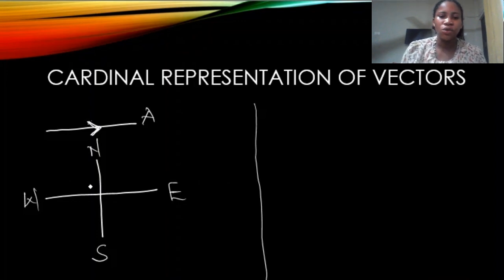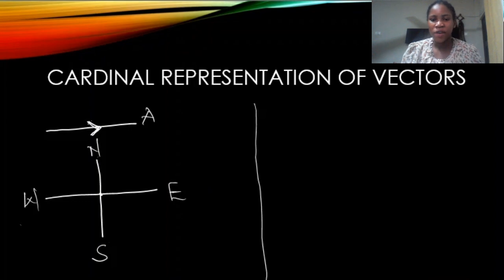We are going to use the cardinal points to show the direction of the vector. This is the origin, with the north, the south, the west, and the east.